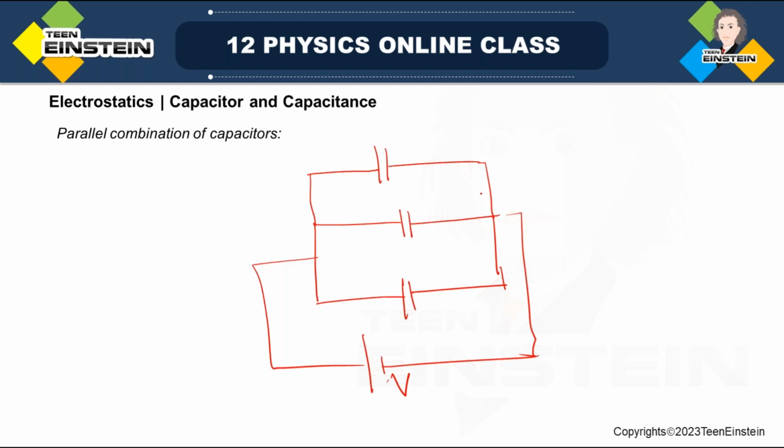Okay, so let me give you the numbers: 1, 2, 3. Now, what is the equivalent capacitance in this case? These are in series, right?